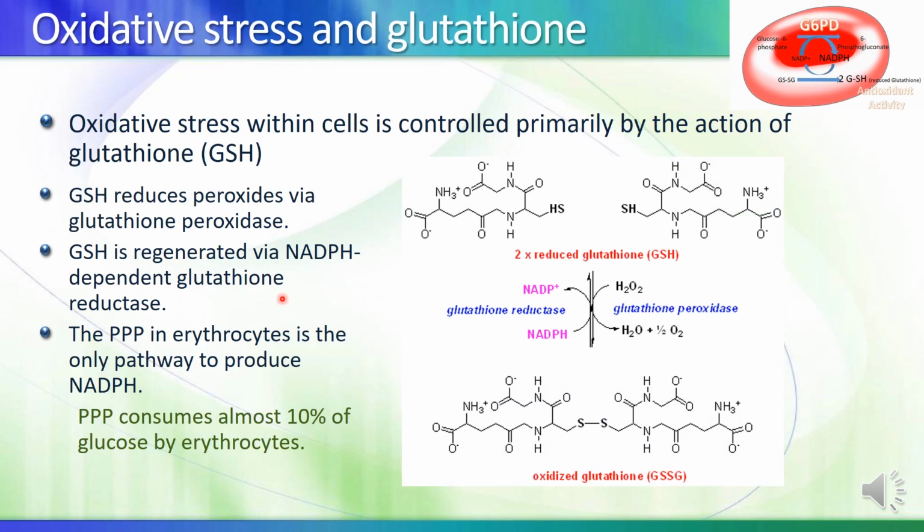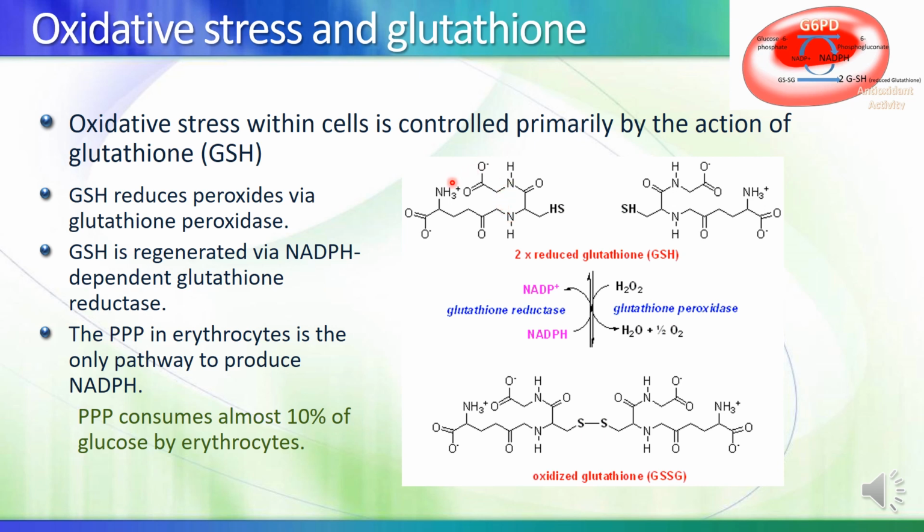Now, why is it that NADPH is important? Because it is responsible for regenerating glutathione. Remember, glutathione is a small peptide molecule. It is made of 3 amino acids: glycine, cysteine, and glutamate.